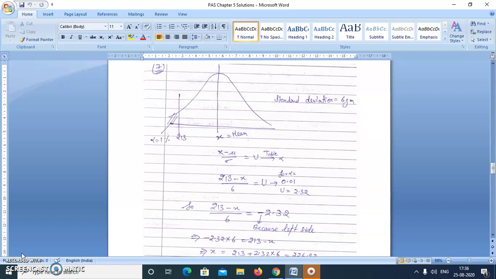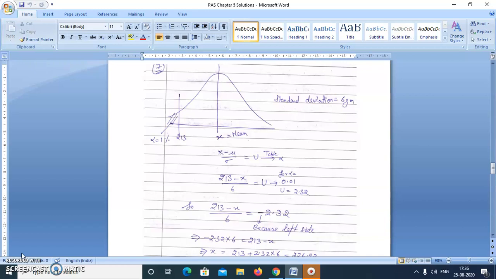The distribution of the masses of a certain type of garment is known to be approximately normal with a standard deviation of 6 grams. So this is a problem based on normal distribution in which standard deviation is given as 6 grams. It is required that not more than 1% of the garments produced should have a mass less than 213 grams.